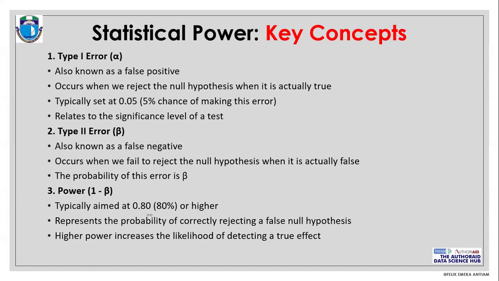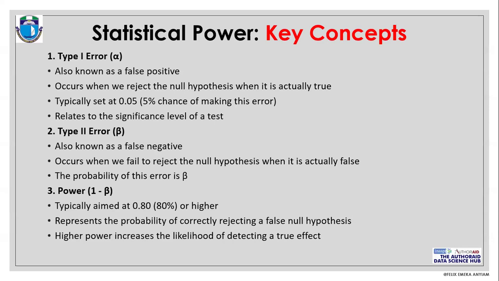Most of the time you'll be seeing 0.84, meaning that you are accepting a power of 80% or higher, which is ideal. It's like using a 95% confidence interval to calculate the sample size for a descriptive study.